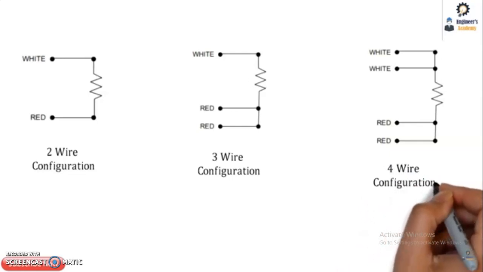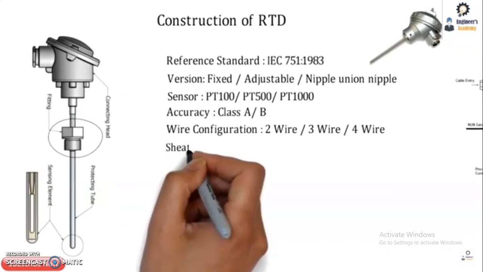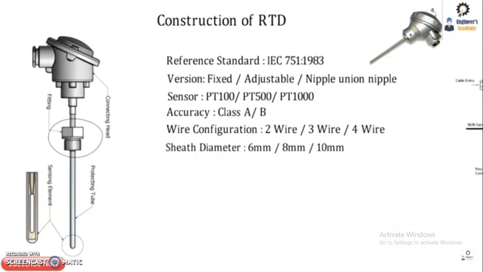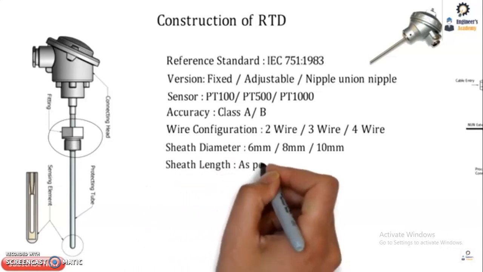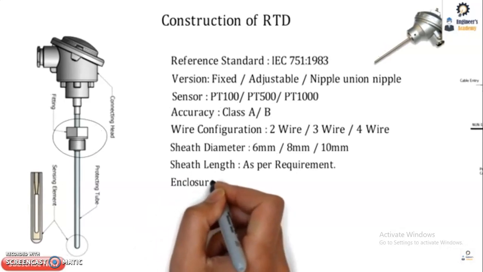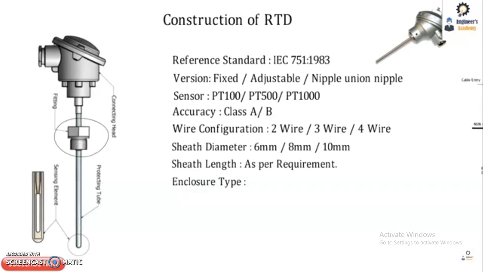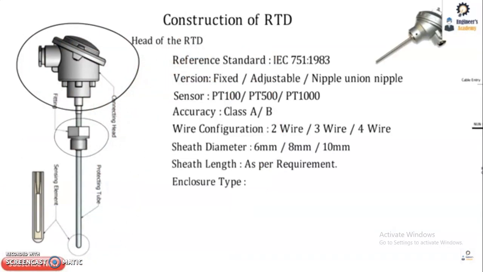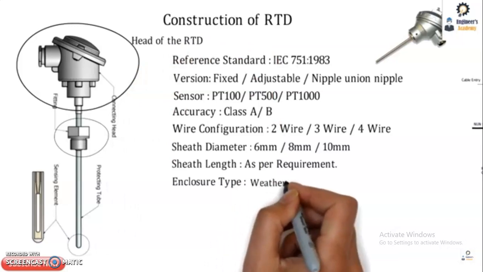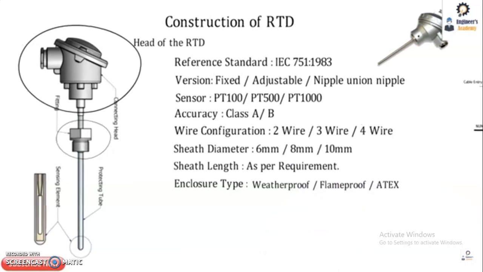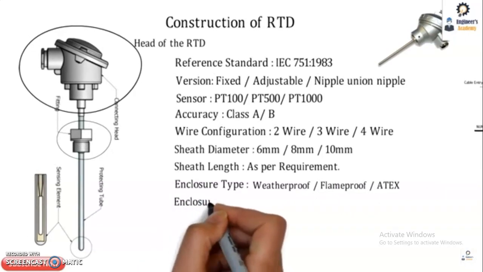How they connect the RTD with the bridge circuit, I think you have understood from before. Then the sheath diameter: from the RTD construction, that is the outer part, as well as the sheath length. And the enclosure is the outer part which we use with your RTD. The enclosure is very important, otherwise there will be a problem of hazards.